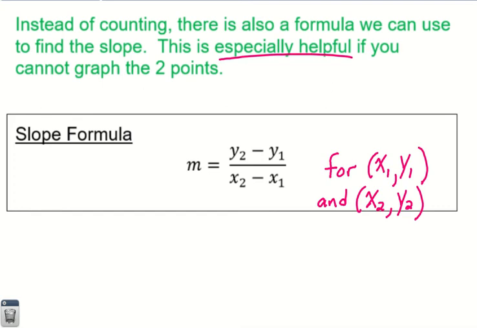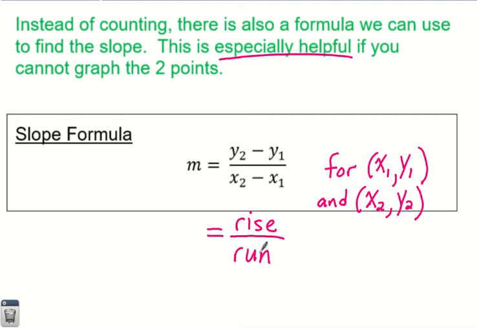And if you'll notice, this formula is just another sort of translation from the definition of slope equaling rise over run. Think about it. To figure out the rise, of course you're going to just subtract the 2 y coordinates.